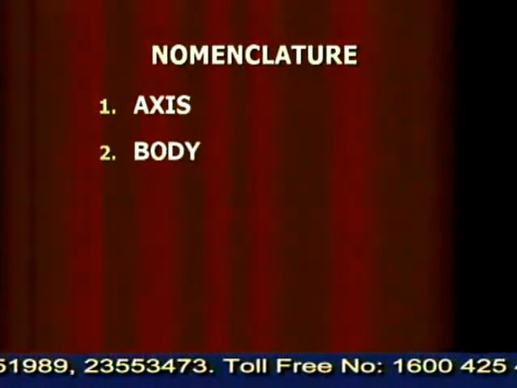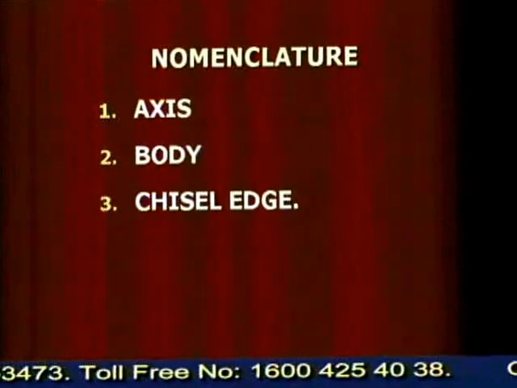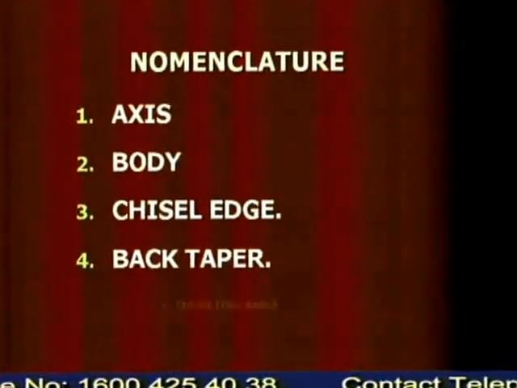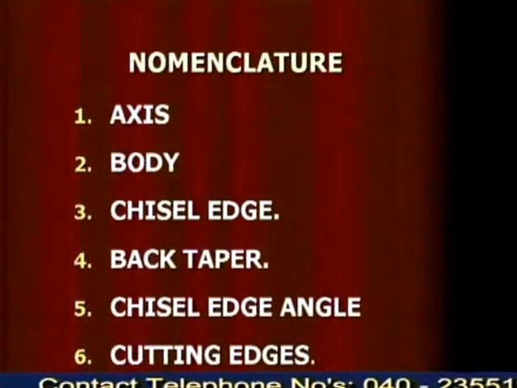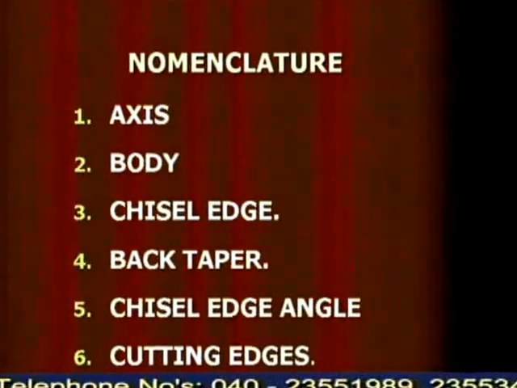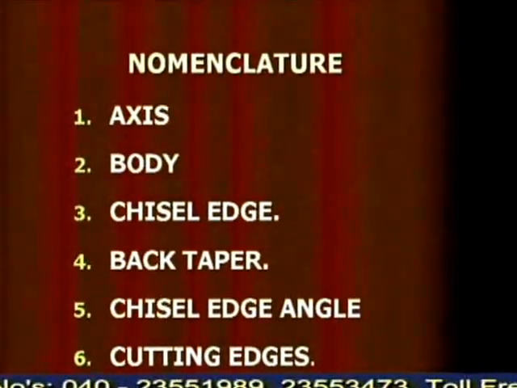Now we see the nomenclature of a tool, that is the tool bit. First one is axis, second one is body, third one is chisel edge, back taper, chisel edge angle, cutting edges. So the basic nomenclature is defined with all these parameters.